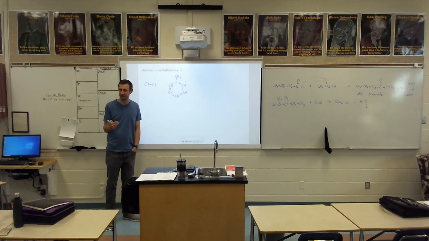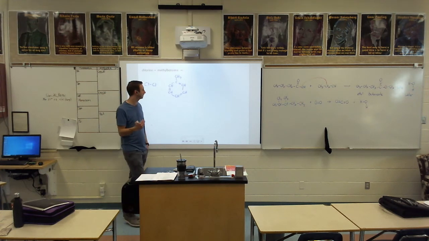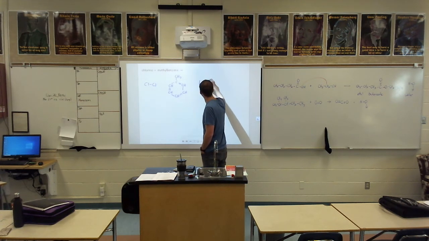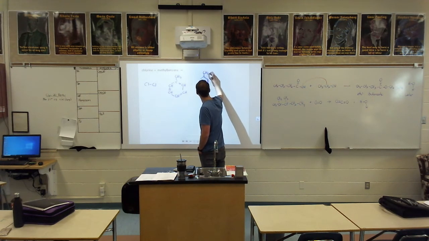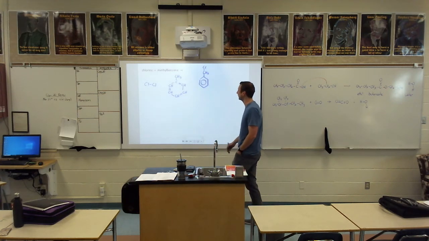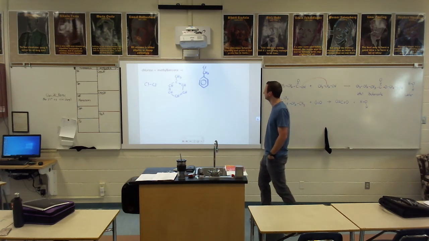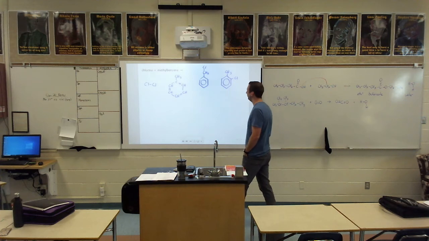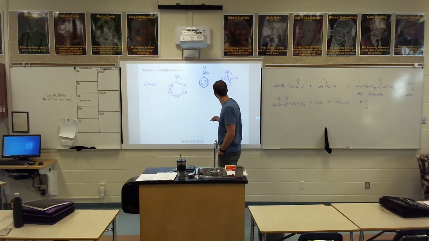I'm going to draw the line diagrams because I'm lazy. So I can get this, where the chlorine is on that top methyl. I can get this, where it's replacing this hydrogen.